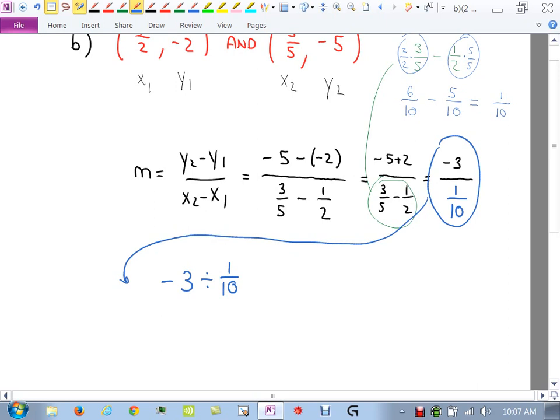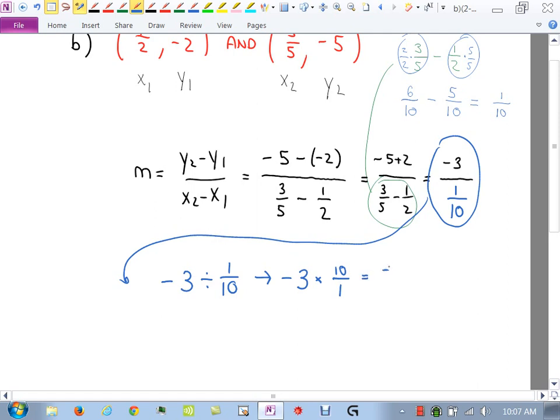Back when you were learning division, you were told that division is the same as multiplication of the reciprocal, which means you flip the 1 over 10 over, and you get a 10 over 1. But you change it from division to multiplication. So what's -3 times 10 over 1?